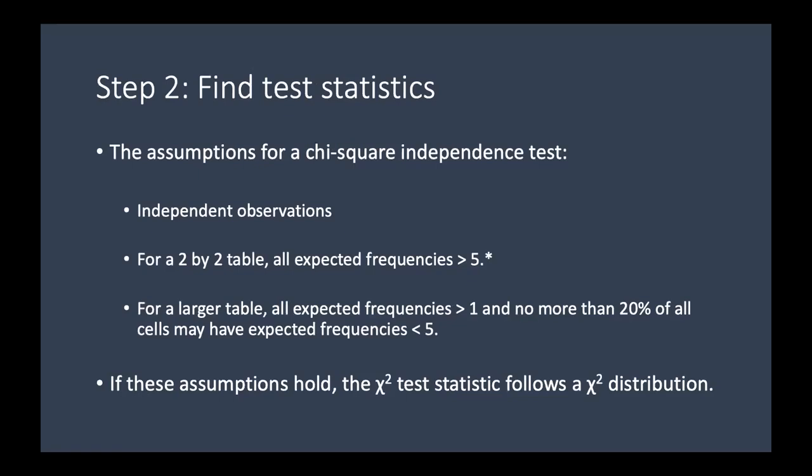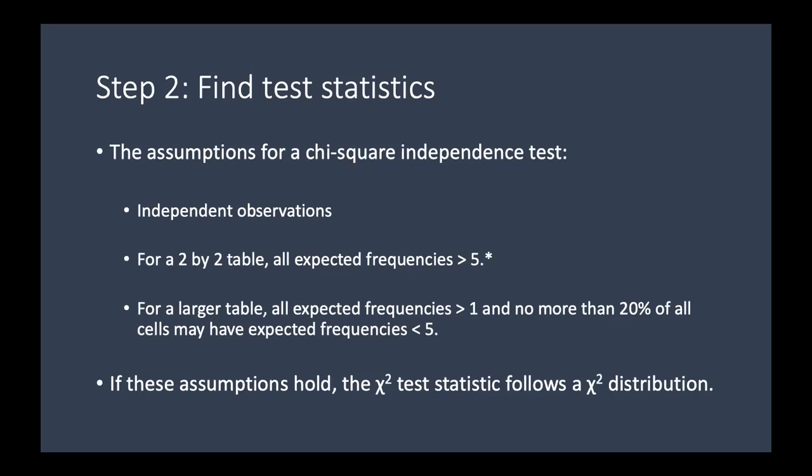For example, you need to have independent observations, so the males and females are independently observed. If it's a 2x2 table, all expected frequencies should be larger than 5. For a larger table, you need to meet certain criteria, that there has to be a certain amount of expected frequencies in each cell.